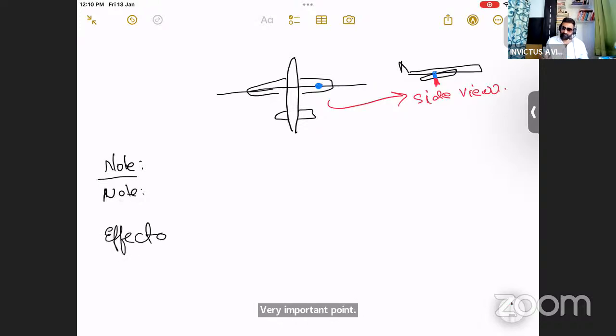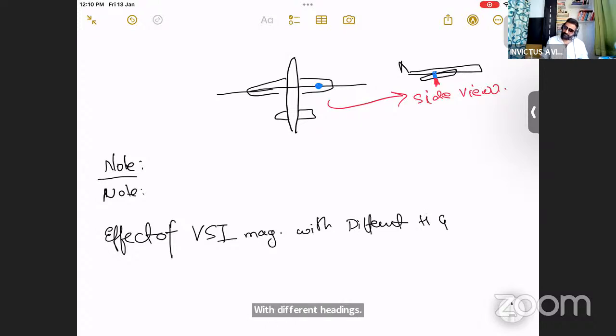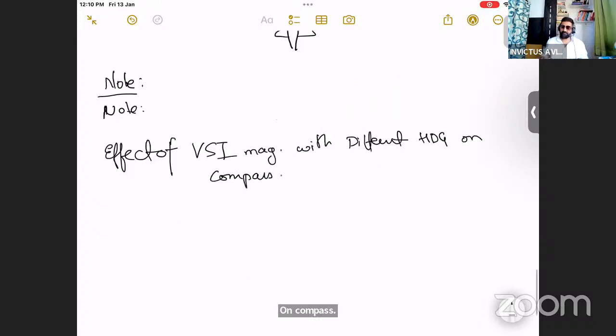Effect of VSI magnetism with different headings on compass. Very important point. Before the break, we will discuss these points.